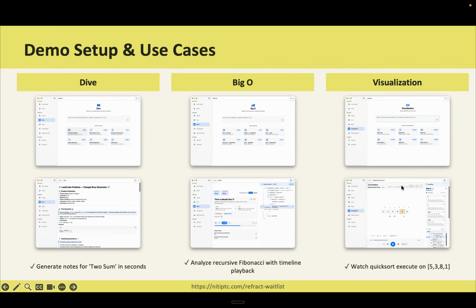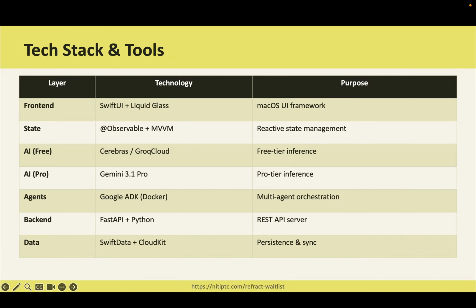So the tech stack on the front end, we're using Swift 6.2 with SwiftUI and Apple Liquid Glass for the UI. SwiftData with CloudKit for persistence. For the AI usage, as I mentioned earlier, we get Qwen 3 with vLLM and Groq Cloud. Pro user gets Gemini 3 Flash, and the ultimate user gets Gemini 3.1 Pro.